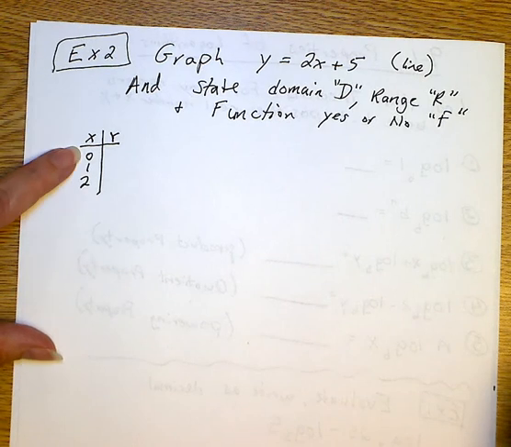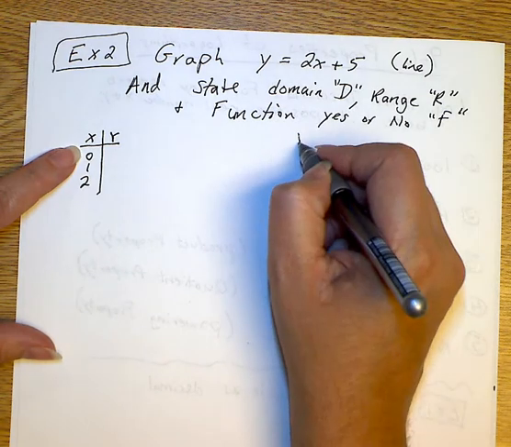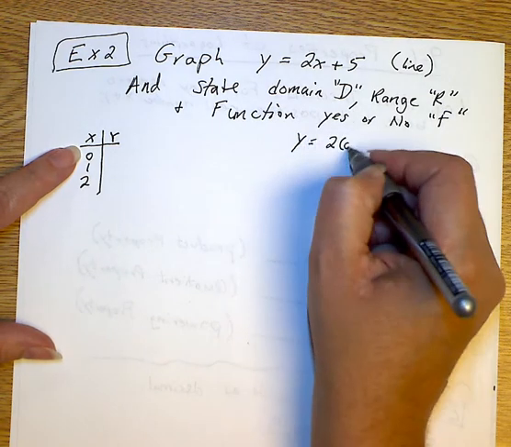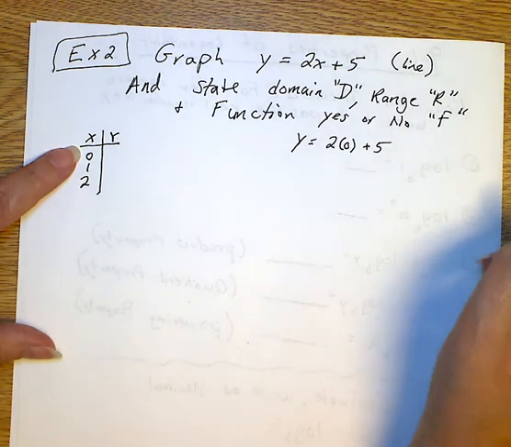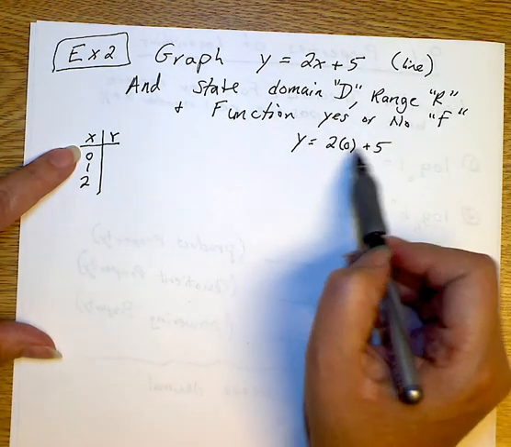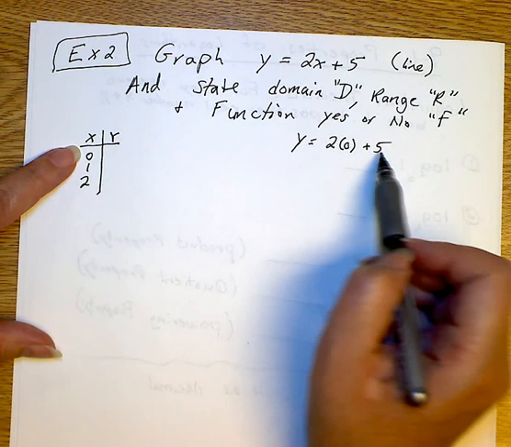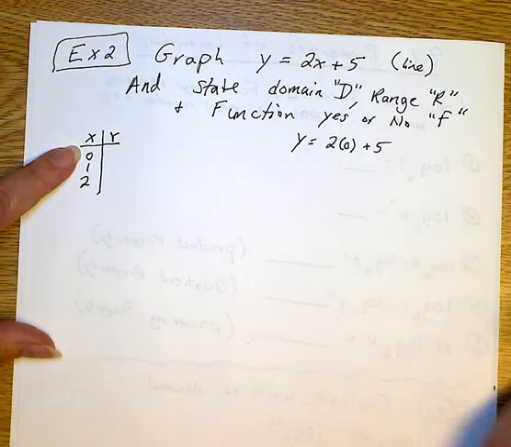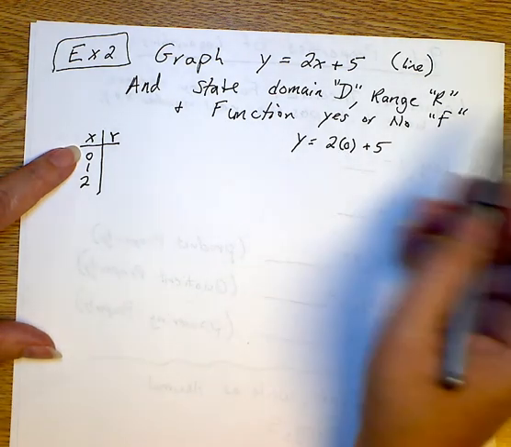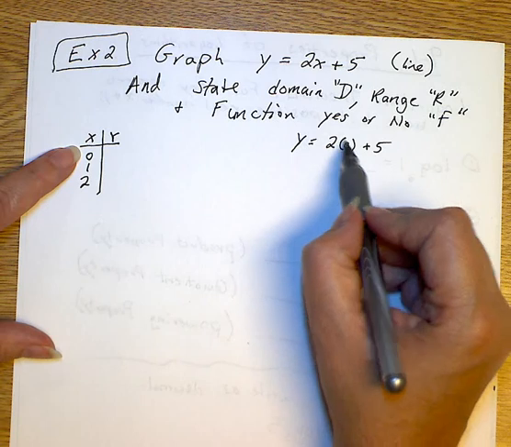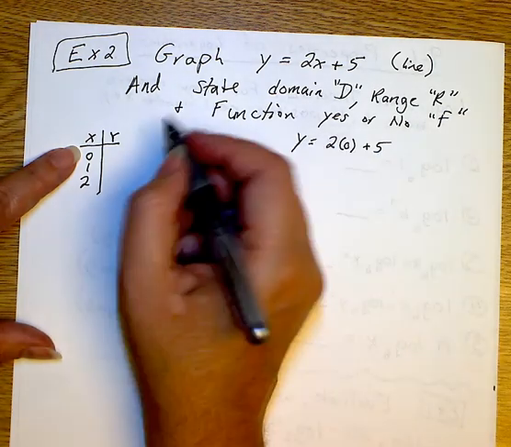You're going to plug the x in for the x. So you're going to go y equals 2 times 0 plus my 5. If you know how to do this, you don't have to write that part down, but I'm writing it down so that everyone can see how I'm getting my numbers. So 2 times 0 is 0 plus my 5 will give me 5.